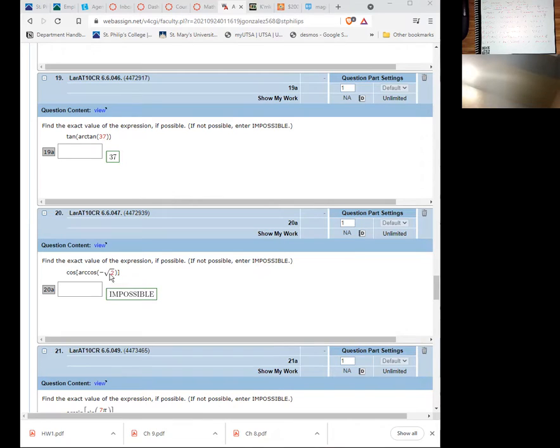Let's see. Yeah, -1.4, not 1.8. But either way, it's too small. It's below -1. So that's why it is impossible.